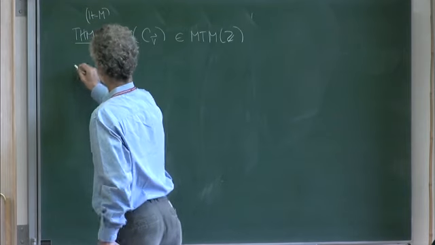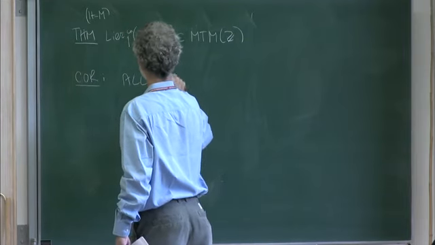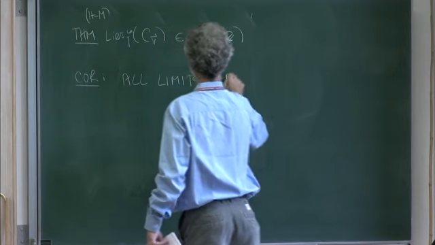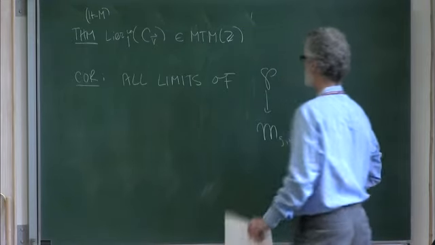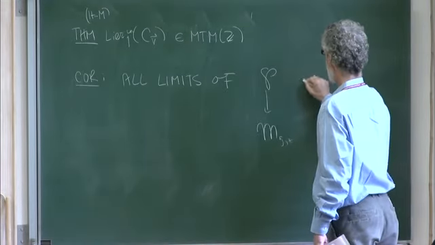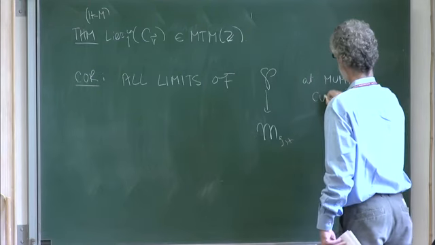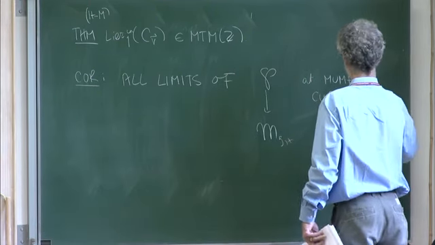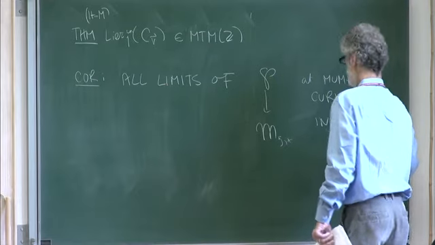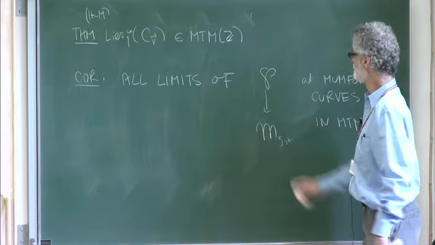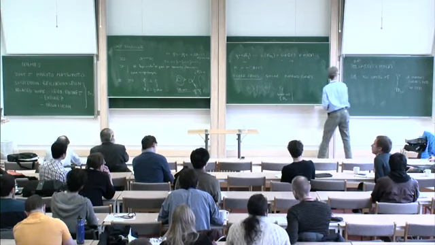So a corollary of this is all limits of this local system, P over M g, with whatever decorations we choose, at Mumford curves. You look at the universal curve over this. I mean, there are punctured versions of this and so on.